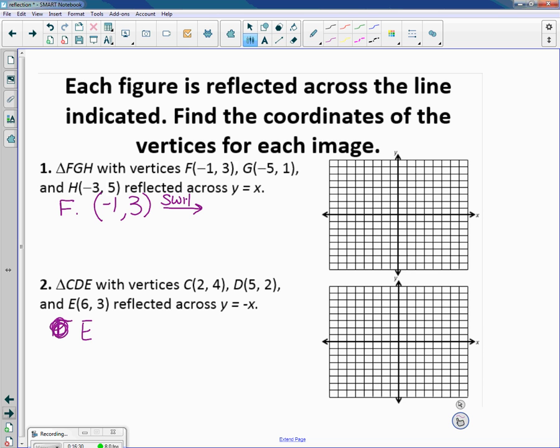That's all you're doing. So this becomes 3, negative 1. E is y equals negative x. This is switch and change sign. So this becomes negative 3, negative 6. Okay?